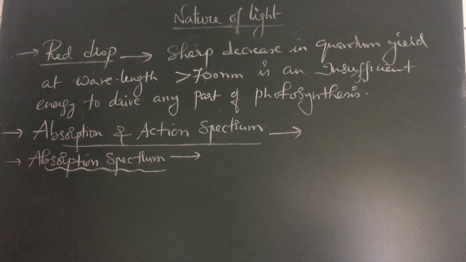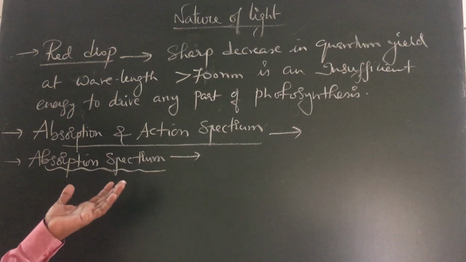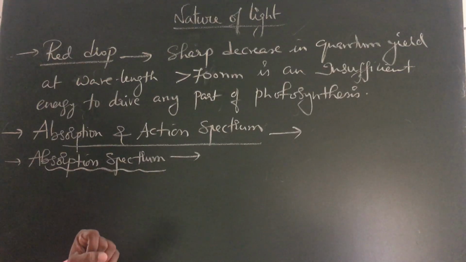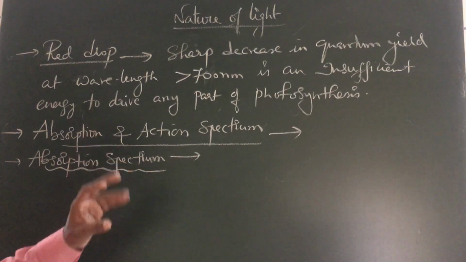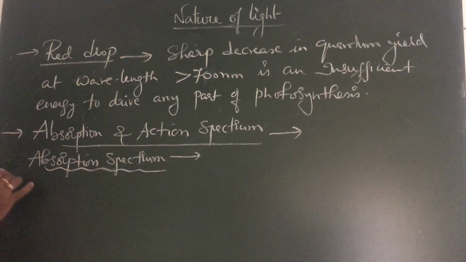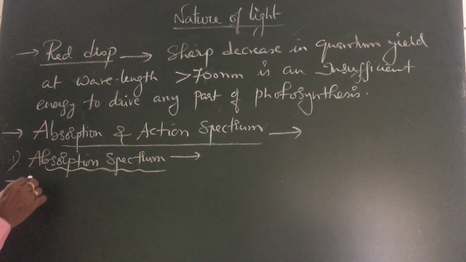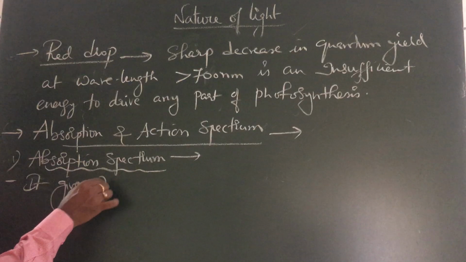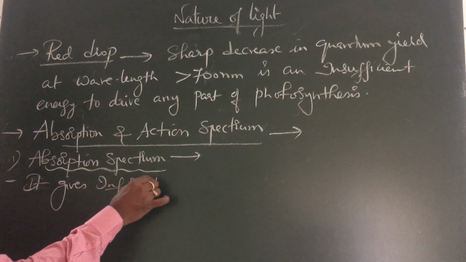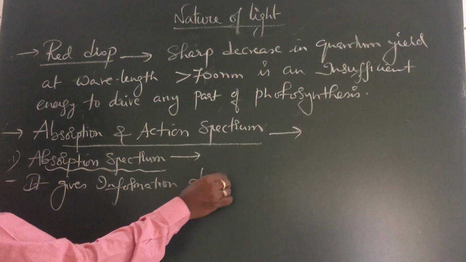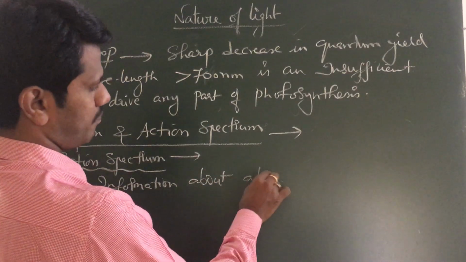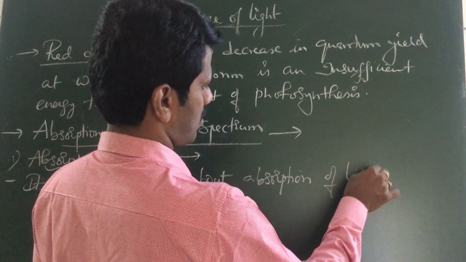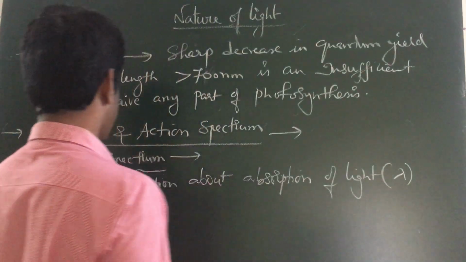Absorption spectrum means, as the name itself says, absorption, which light is absorbed, that is the wavelength of the light. Absorption spectrum gives information about absorption of light, that is wavelength, by pigments.